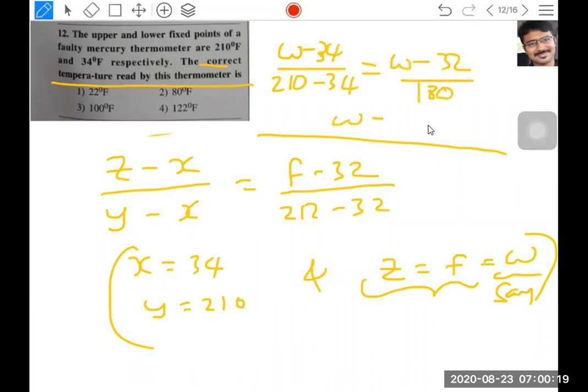If you solve, you will get the W value. This is our answer. Like that, we have to solve this type of problem in thermometers. I hope you are clear on how to handle thermometer problems.